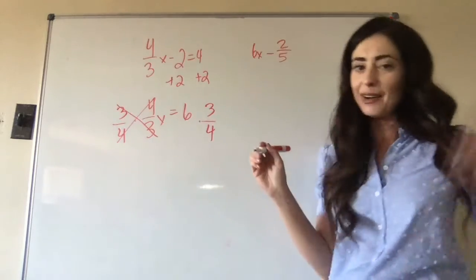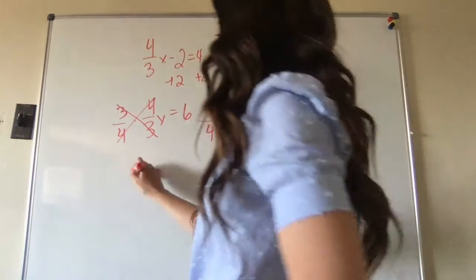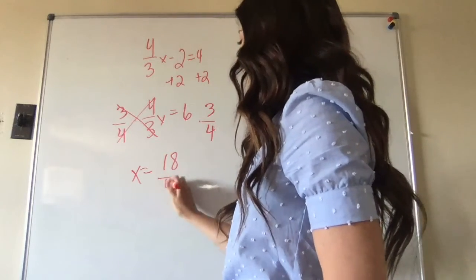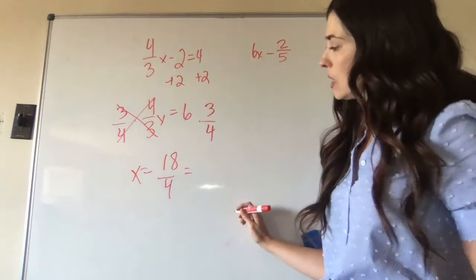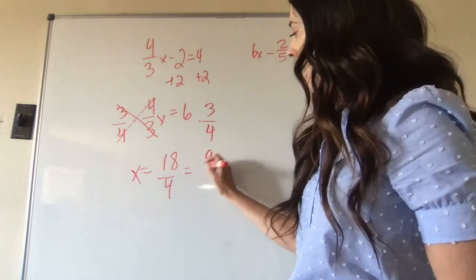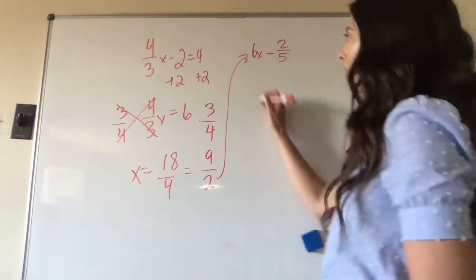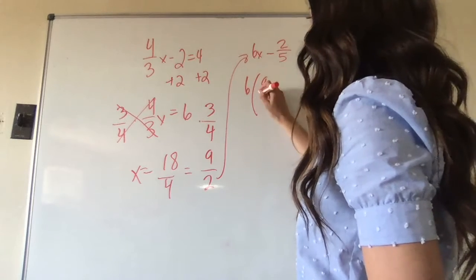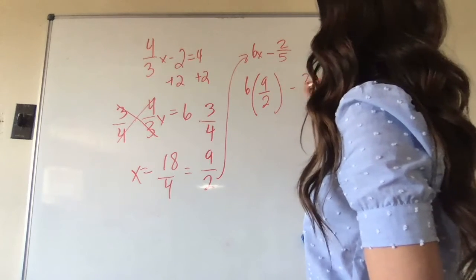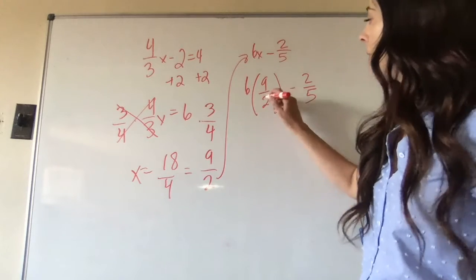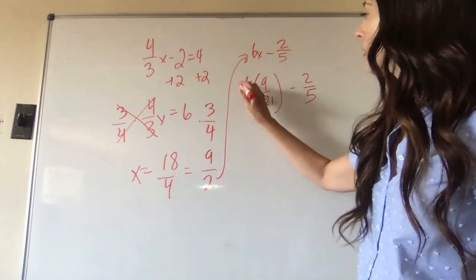These cancel out, and we're left with x equals, and then 6 times 3 is 18/4, and we're going to reduce that by a value of 2, so we get 9/2. Now we're going to plug that in up here, and we're going to do 6 times 9/2 minus 2/5. We can actually reduce this, right?